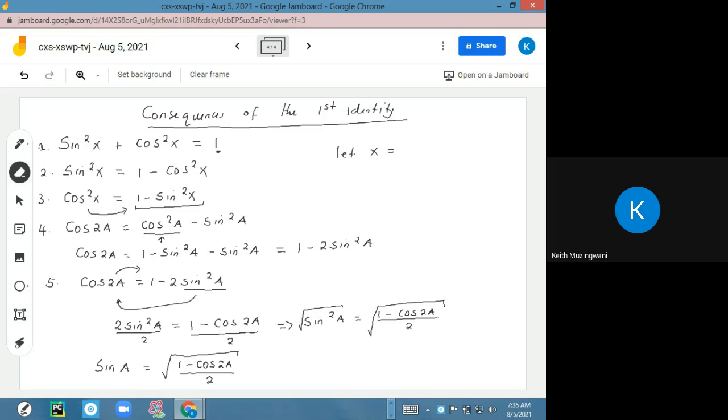We let a to be x over 2. Where there is a, we'll substitute x over 2.